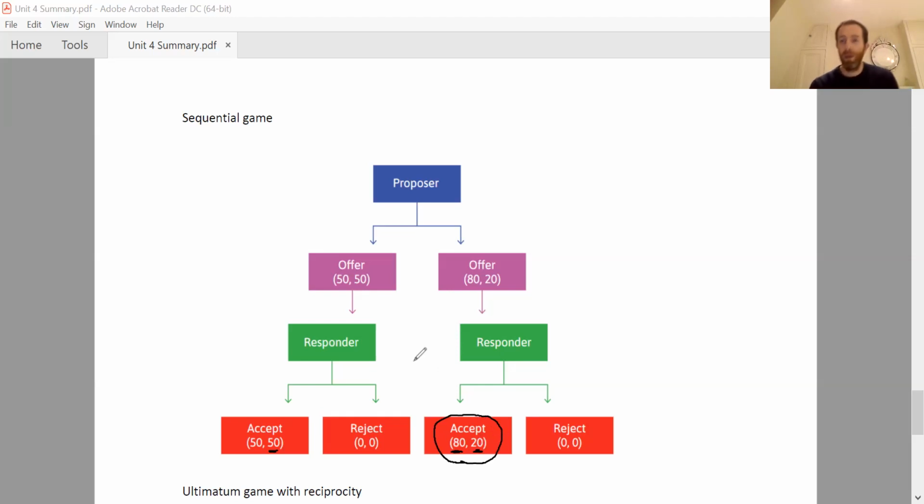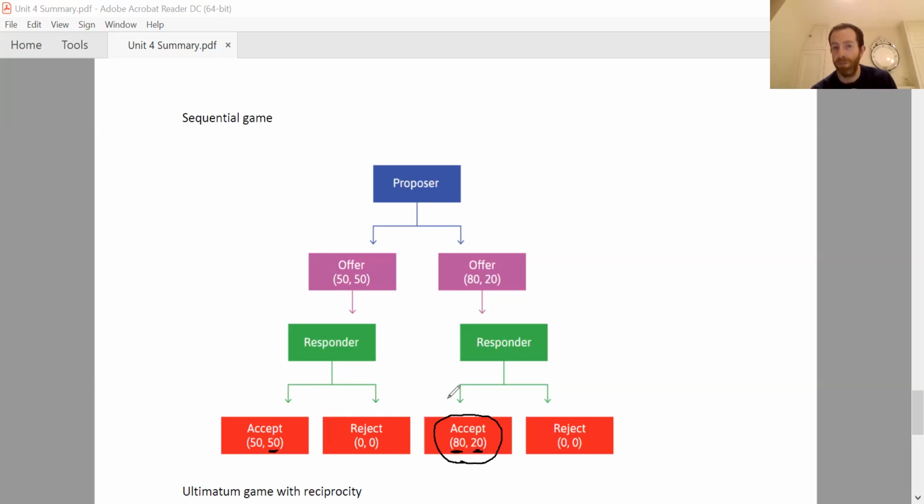So one thing, please be very, very careful about. After having gone through this analysis, you could talk about how the outcome might end up being different. Maybe the responder really cares about fairness, and if they got the 80-20 offer, they'd want to punish the other player. But based on the numbers we see here, they wouldn't do that.